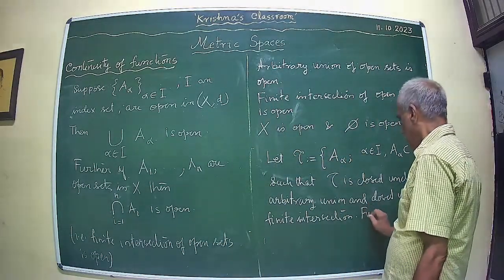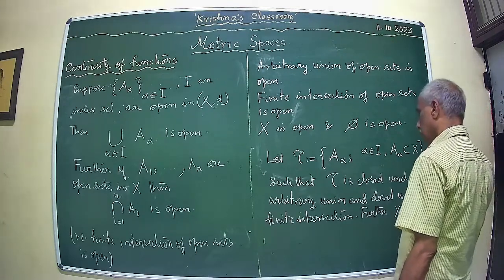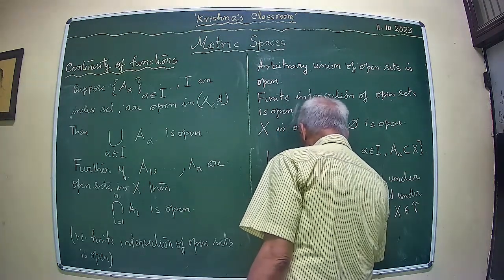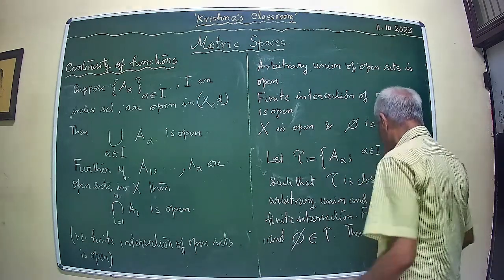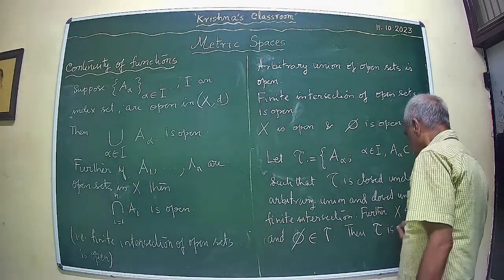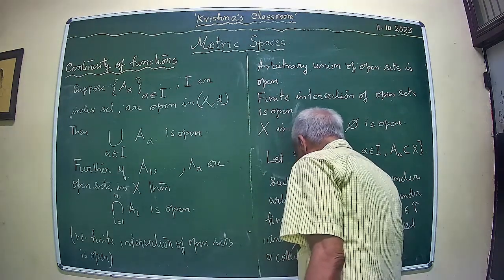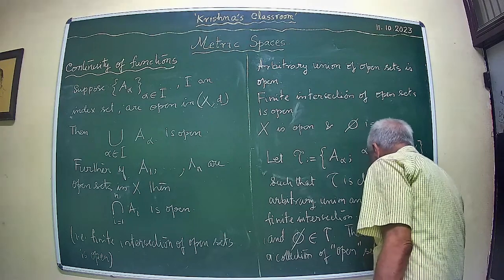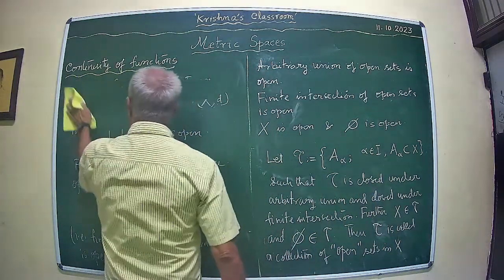Further, X belongs to tau and the empty set belongs to tau, then tau is a collection of open sets which constitute the topology.